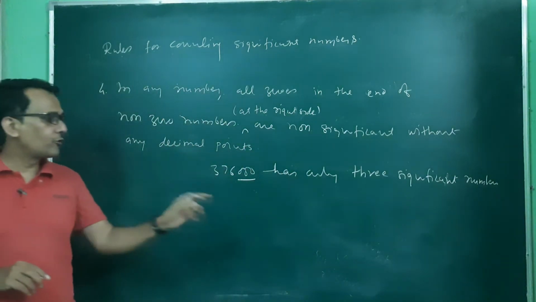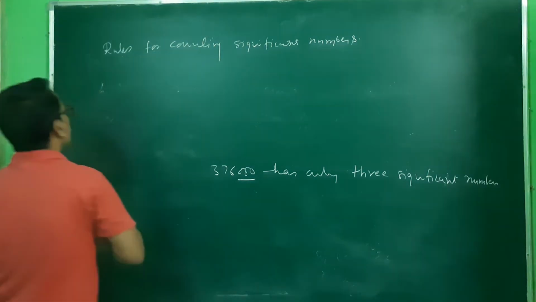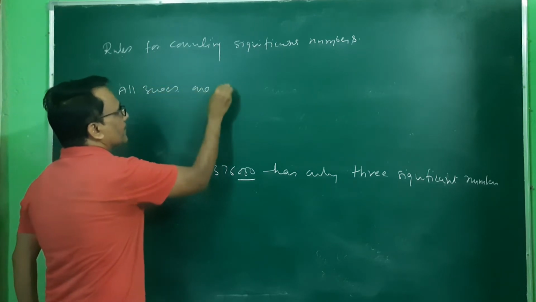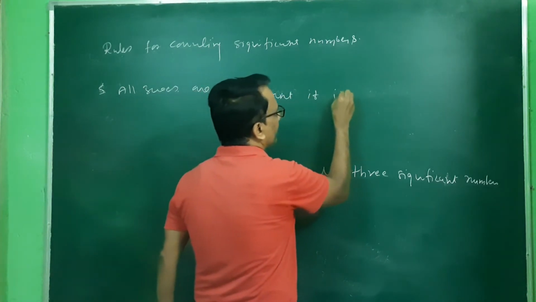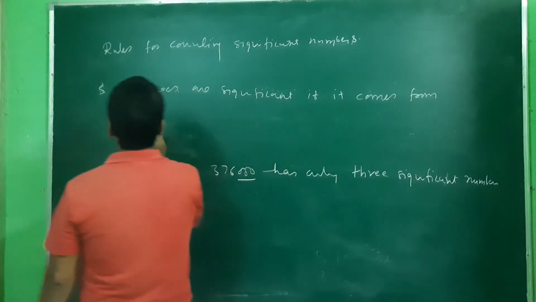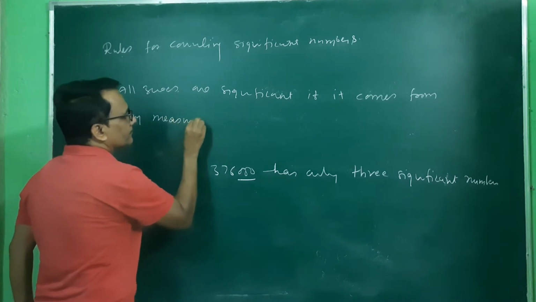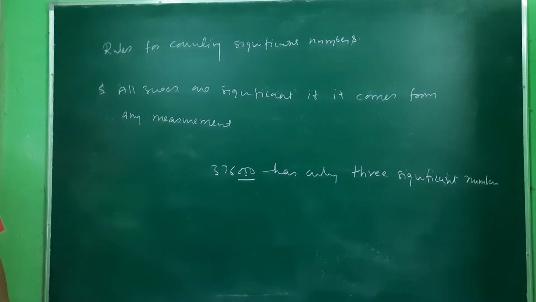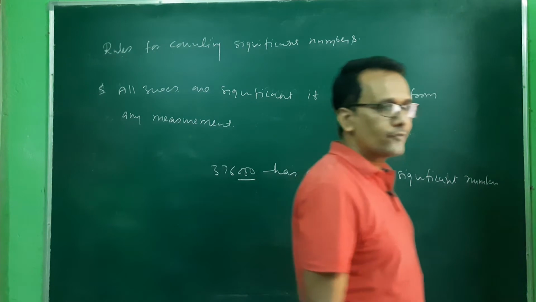वहीं पर अगर एक डेसिमल पॉइंट हो गया, यहाँ अगर डेसिमल पॉइंट हो गया तो दिस इज नाउ काउंटेबल. All zeros are significant if it comes from any measurement, means with unit.